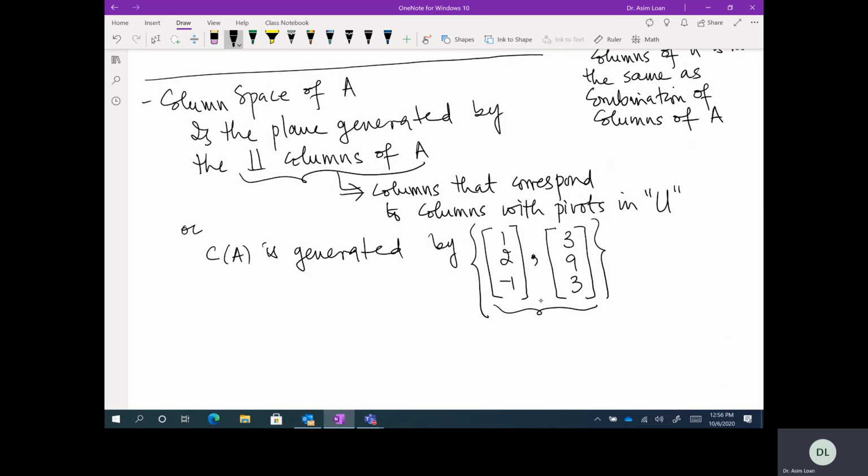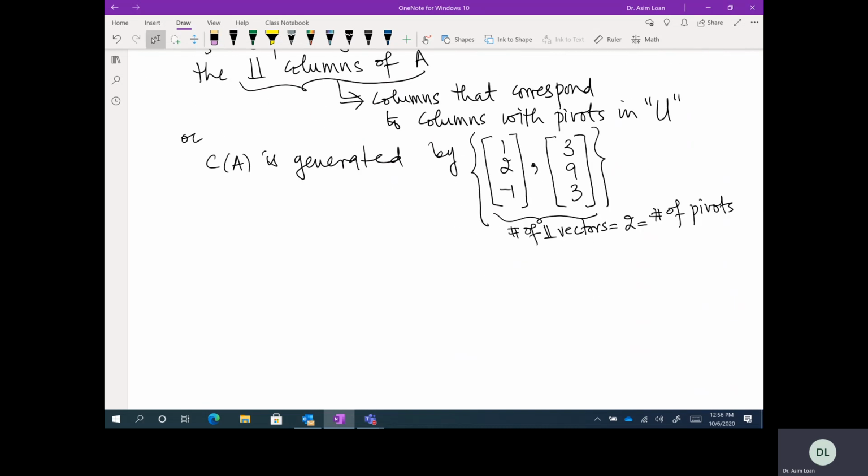Just see that the number of independent vectors equals 2, which is the number of pivots. Okay, good.